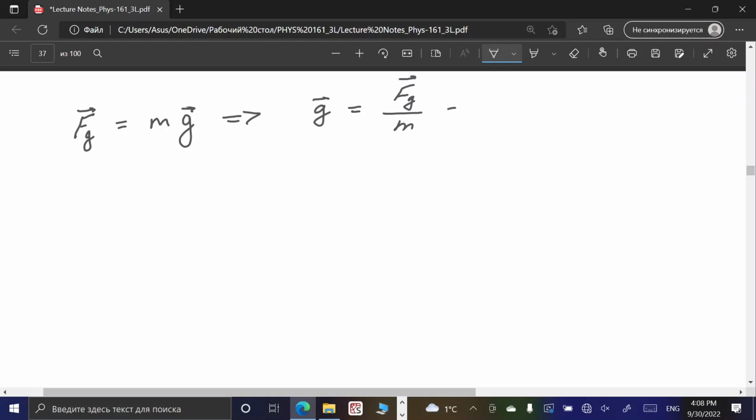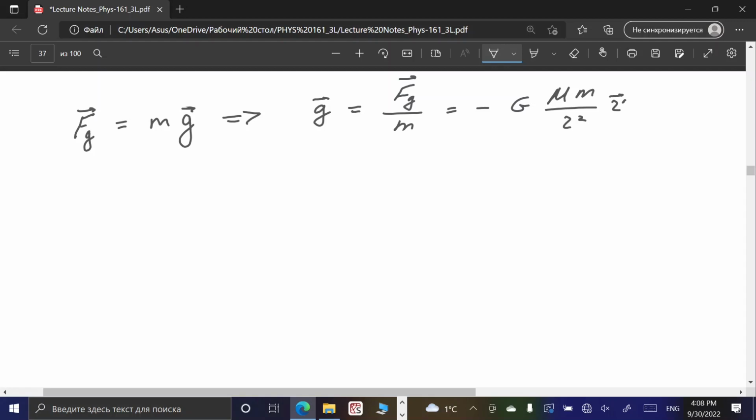What we had there was minus G times m, the mass of the star, times the mass of the planet, divided by r squared, the distance between these two objects, times r prime, the unit vector.